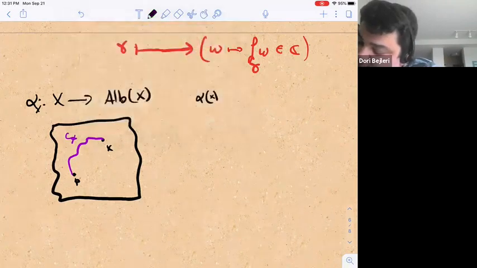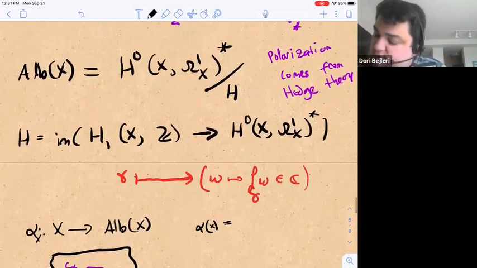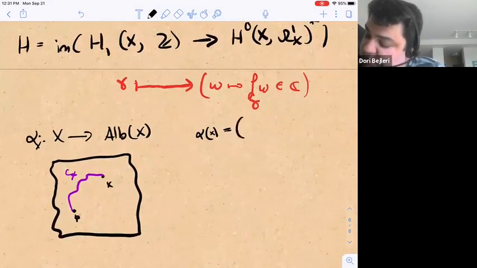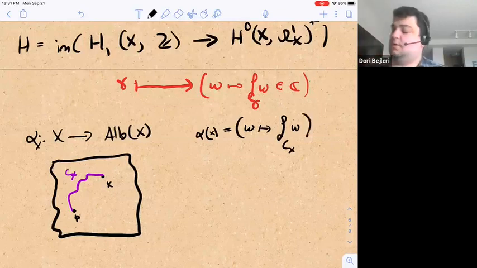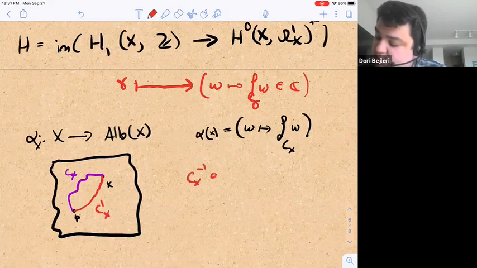And then we need to give a functional on differentials. So we'll define this to be the map omega maps to the integral along this path. And now if we pick some different path over here, well, then the composition is some loop in H1.